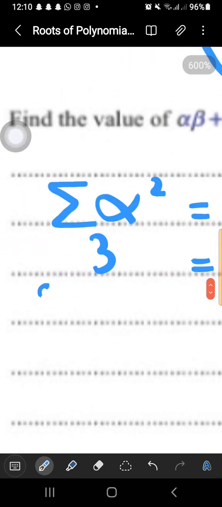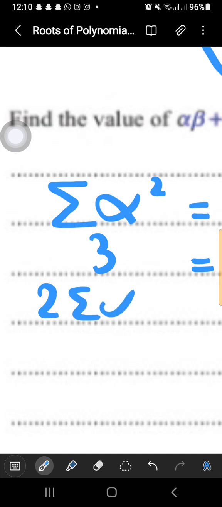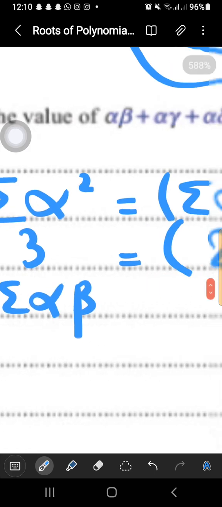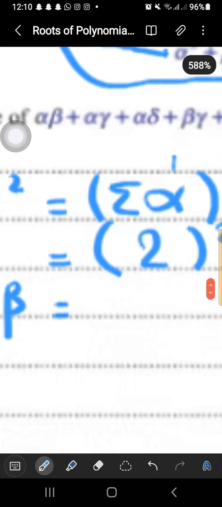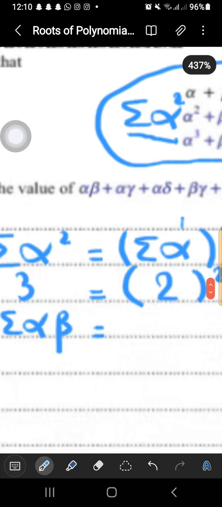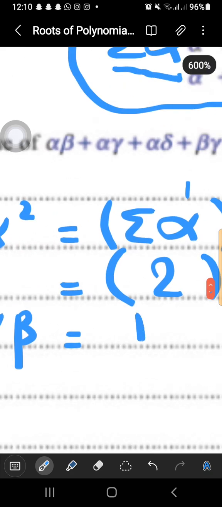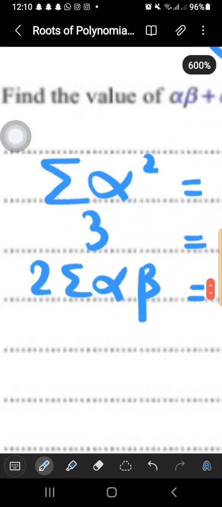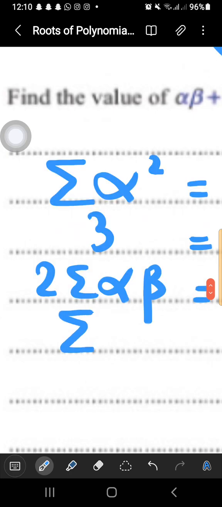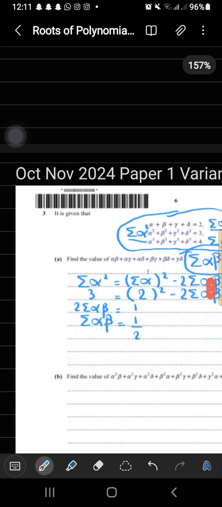Then we take 2 summation of alpha beta to the left side and it becomes positive, and if we square 2 it becomes 4, and 3 will move to the right with the negative sign, so 4 minus 3 becomes 1. So we got summation of alpha beta is equal to 1 divided by 2. So that's our first part done.